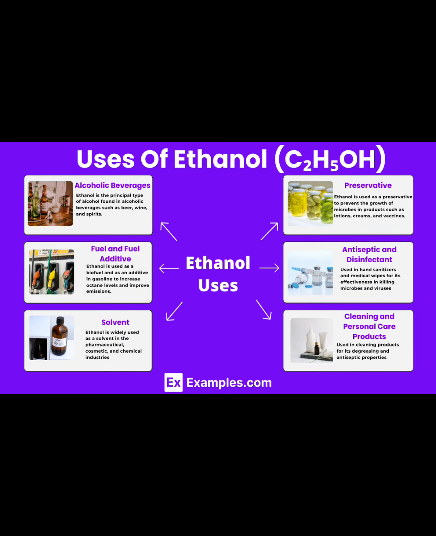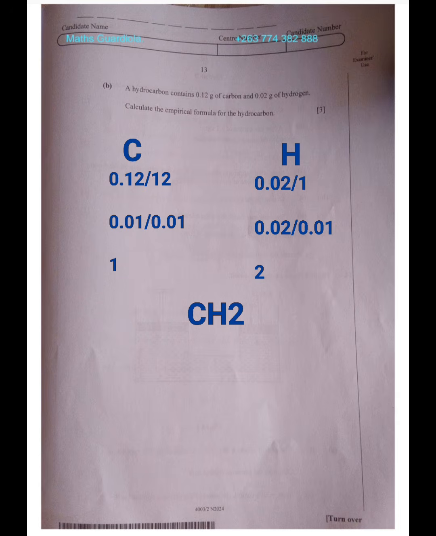And then finally, there was a question on empirical formula calculation. The question reads: a hydrocarbon contains 0.12 grams of carbon and 0.02 grams of hydrogen. Calculate the empirical formula of the hydrocarbon. So in that hydrocarbon, we are having carbon and hydrogen.